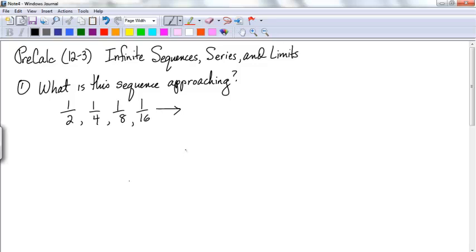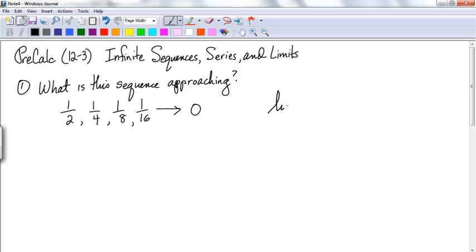What's it getting closer to? 0. It's getting closer and closer to 0. Will this ever reach 0? No. But it's getting closer and closer. What that looks like in terms of limits, it's getting closer and closer to 0 as a limit, but it won't ever reach it.